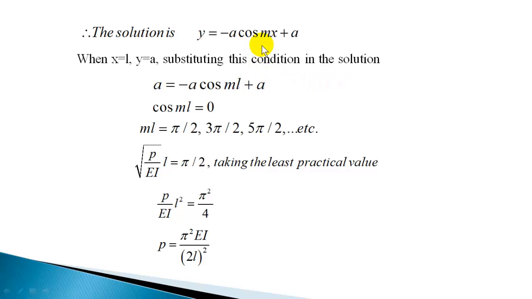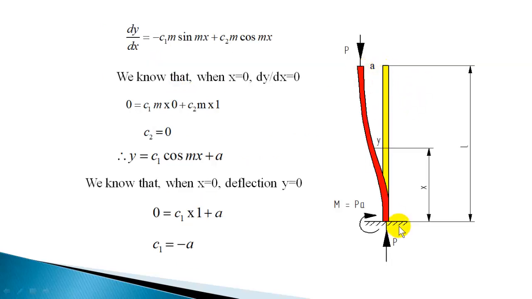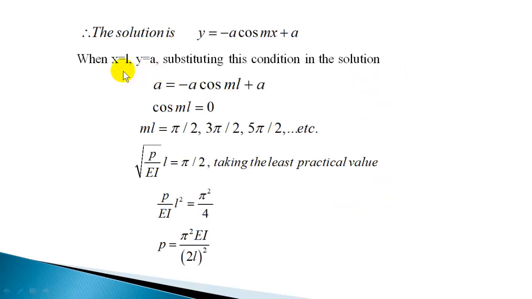Now to solve for m, we know one more condition: when x is equal to L, y is equal to a. That means at the free end, the deflection is given by a. You can substitute that condition in this solution. So a is equal to minus a cos ml plus a.